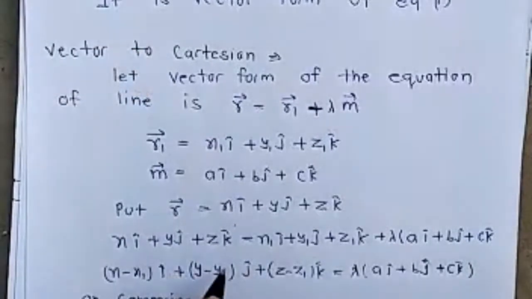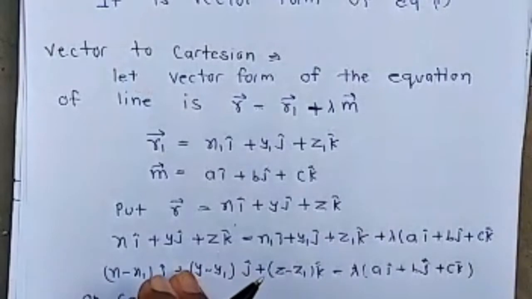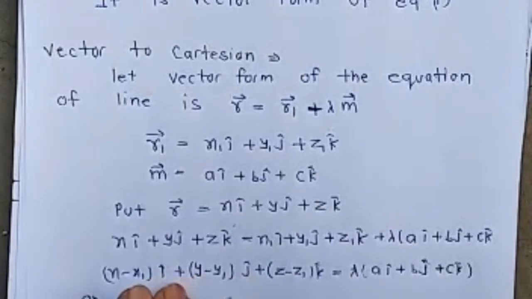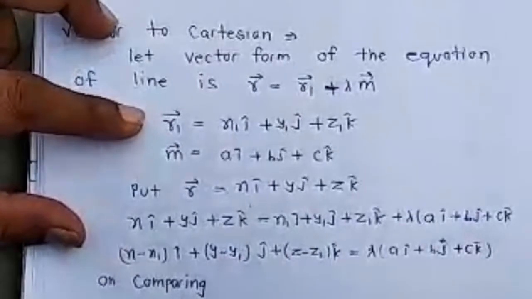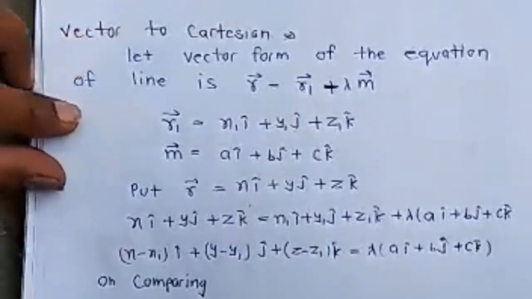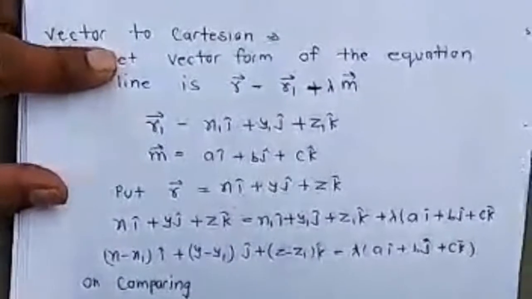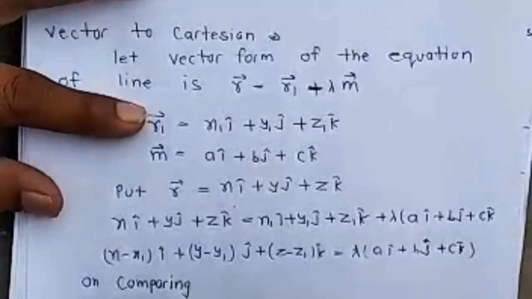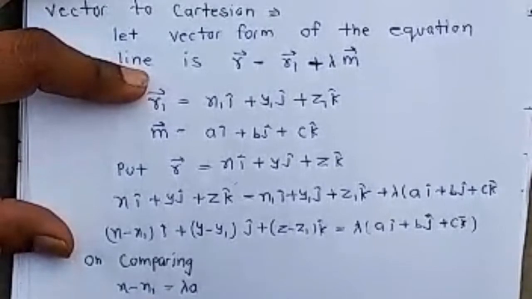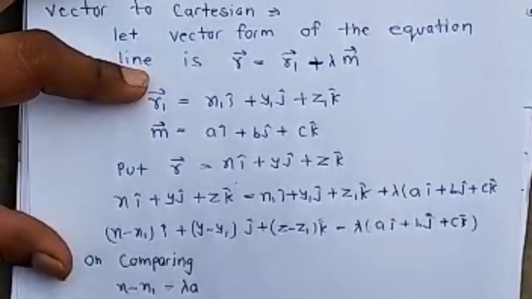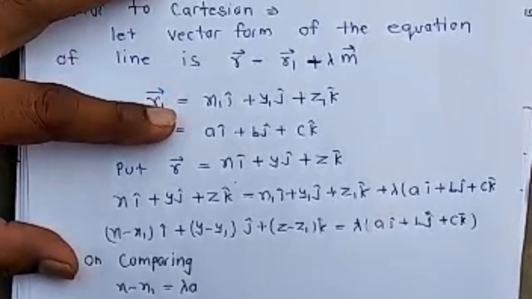Coefficient of i cap, coefficient of j cap, coefficient of k cap are equal, means x minus x1 equal lambda a, y minus y1 equal lambda b, and z minus z1 equal lambda c.